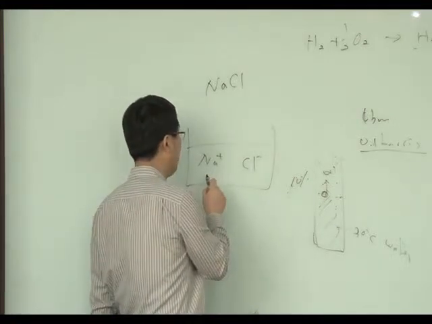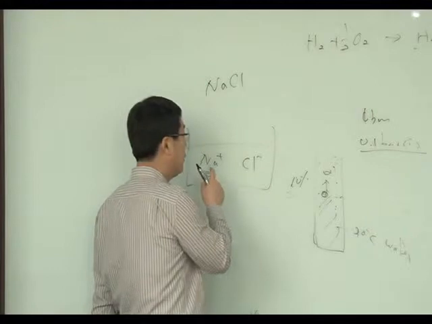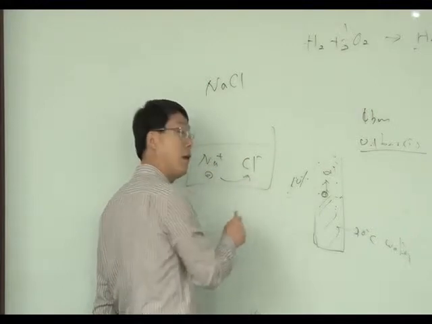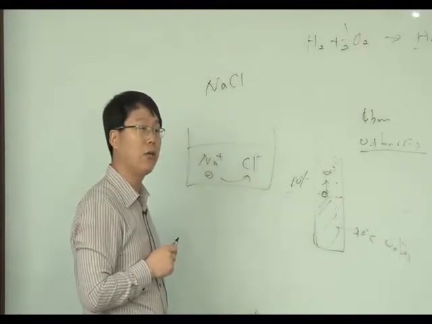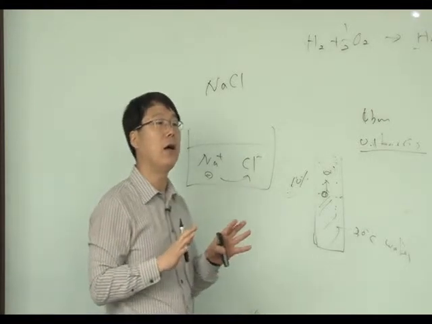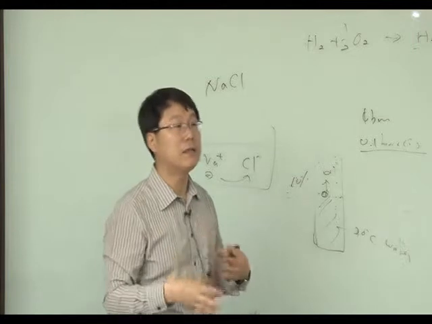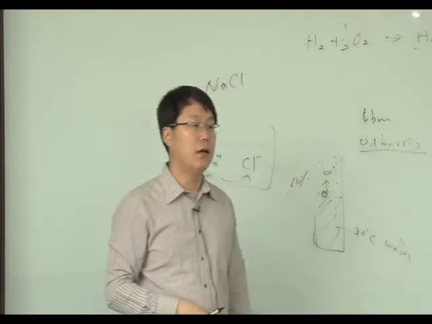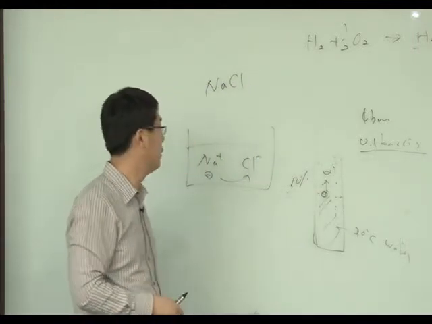One electron from sodium moves to the chloride, and we have ions. Ion is unbalanced electrons.